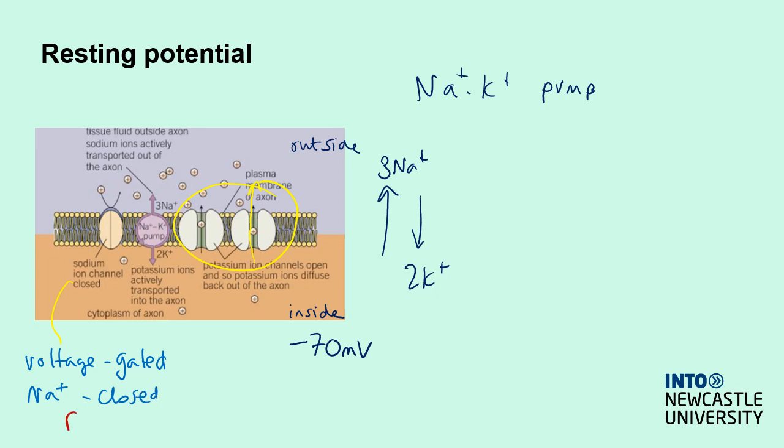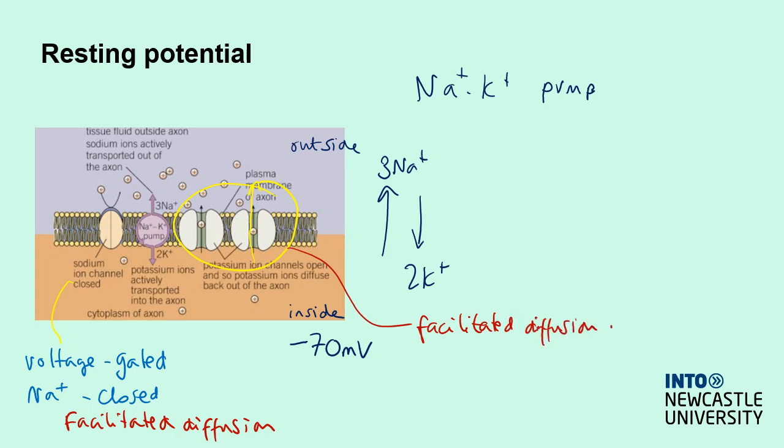So this would be facilitated diffusion, but it's not occurring in this case, but will occur when we get that action potential. This is also facilitated diffusion, but can occur and helps to make the inside more negative than the outside. And then we remember that this sodium-potassium pump is active transport.